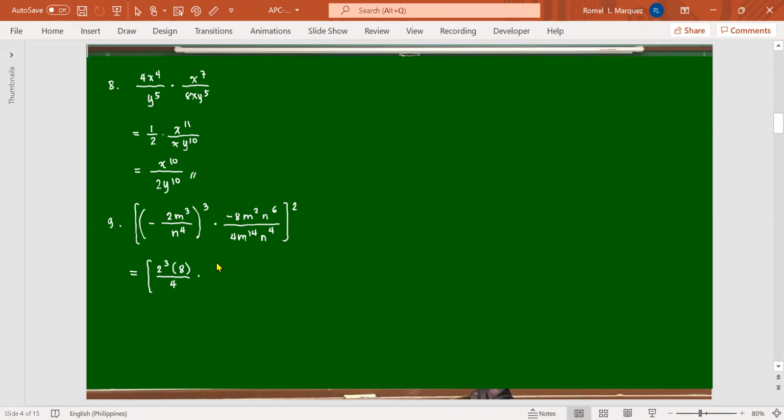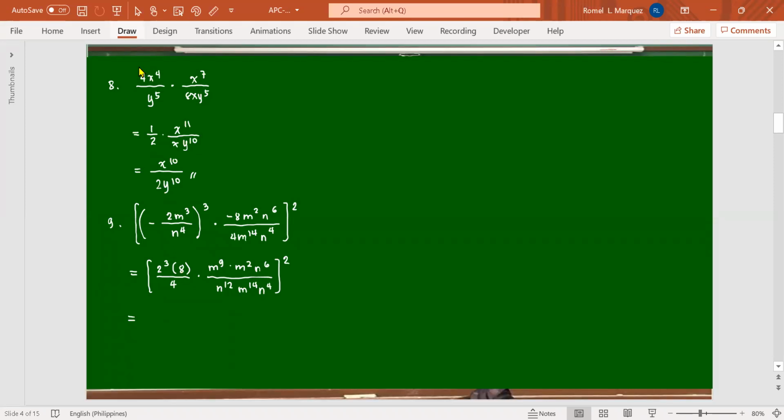Times, let's start with the letter M. Here, that is m to the 9, right? Times here, we have m squared n to the 6. In the denominator, we have n to the 12, and then m to the 14, n to the 4th. Quantity squared. Simplifying further.